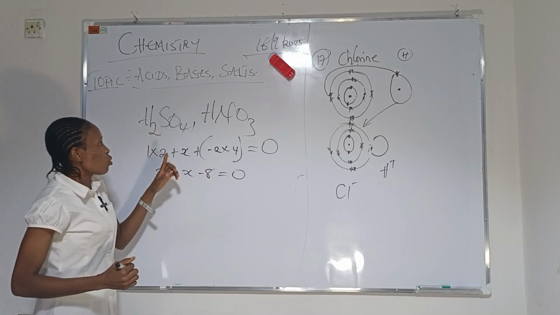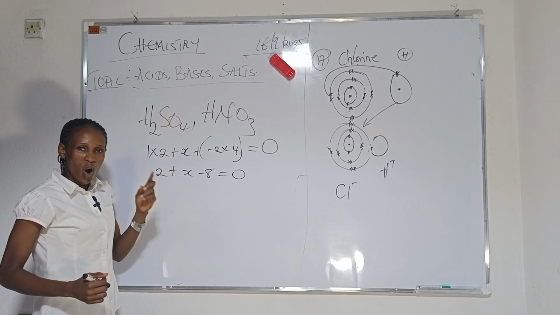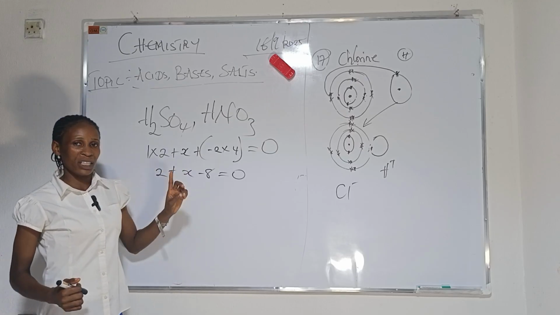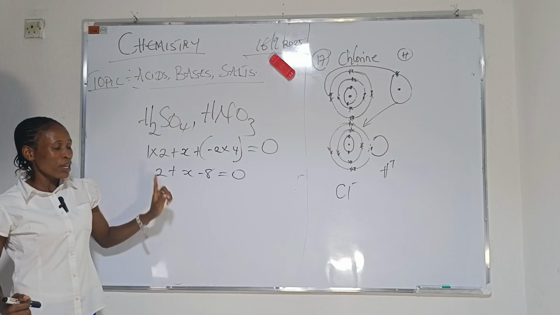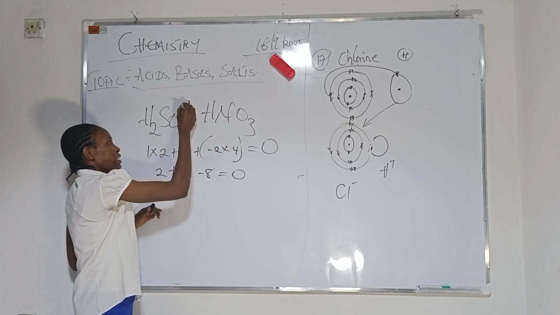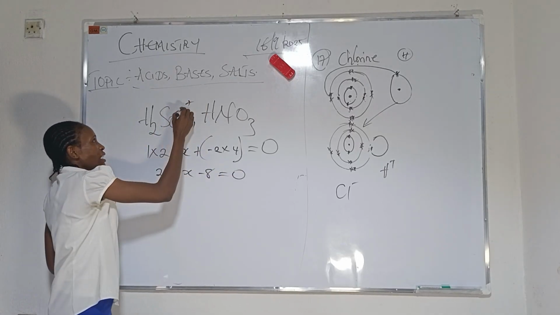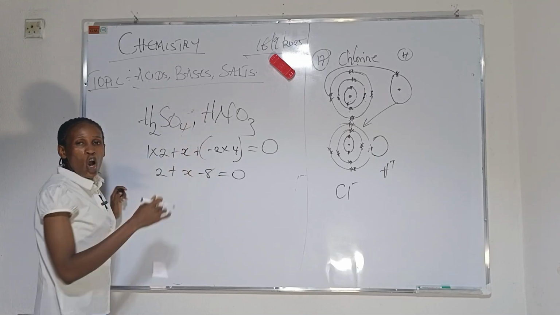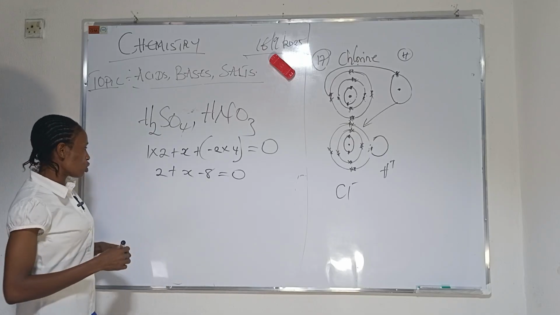The rule says when you are not having a charge attached to the compound, you equate it to 0. But let's assume I am having a charge attached to it. That is when I cannot equate it to 0, but to the charge number. If I am having something like this, that means I'm equating to 1. If I am having something like this, 2 plus, that means I'm equating to 2, but it's not in this compound.